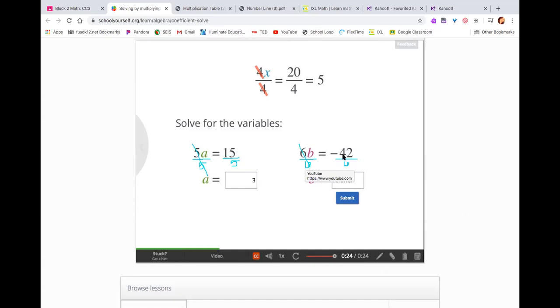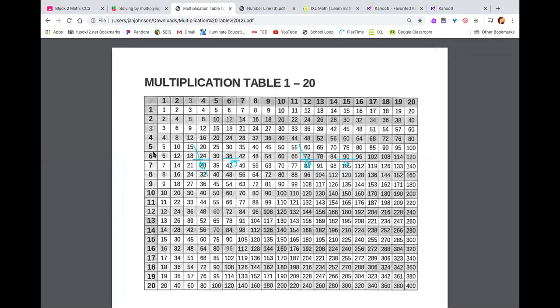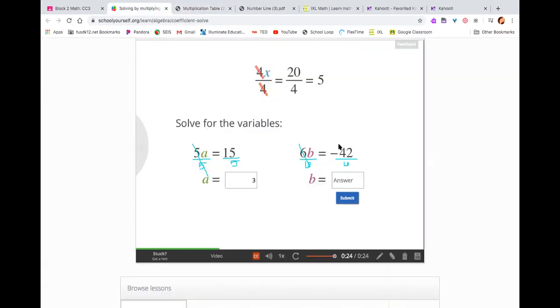And then I have 42 divided by 6. So 6, 7. 7. And I have a negative and a positive. That means negative 7.